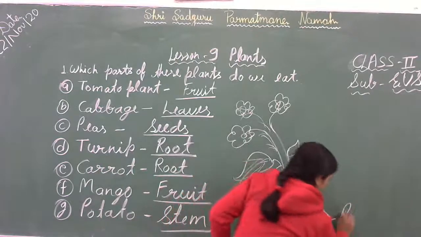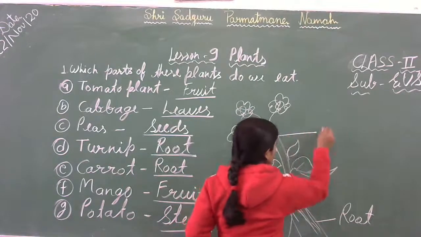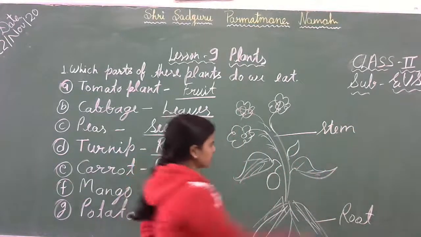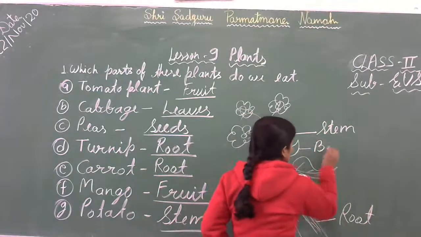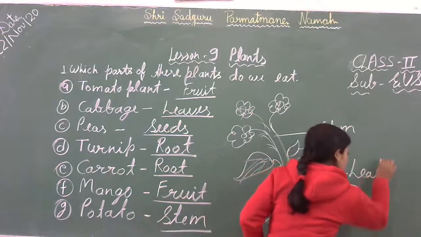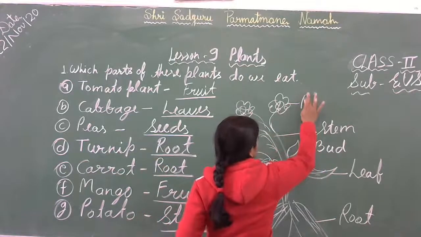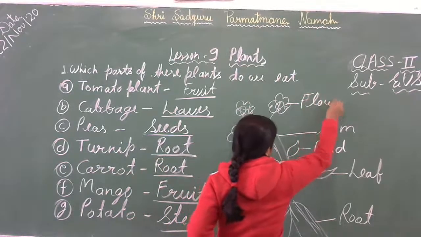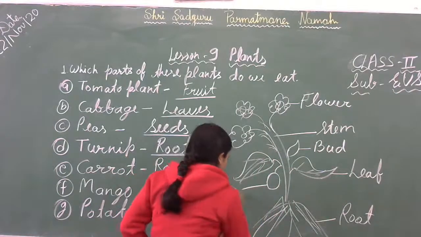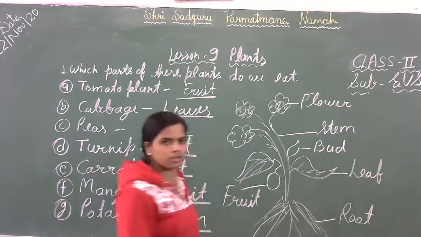This is root, this is stem, this is bud, this is leaf, this is flower, and this is fruit.